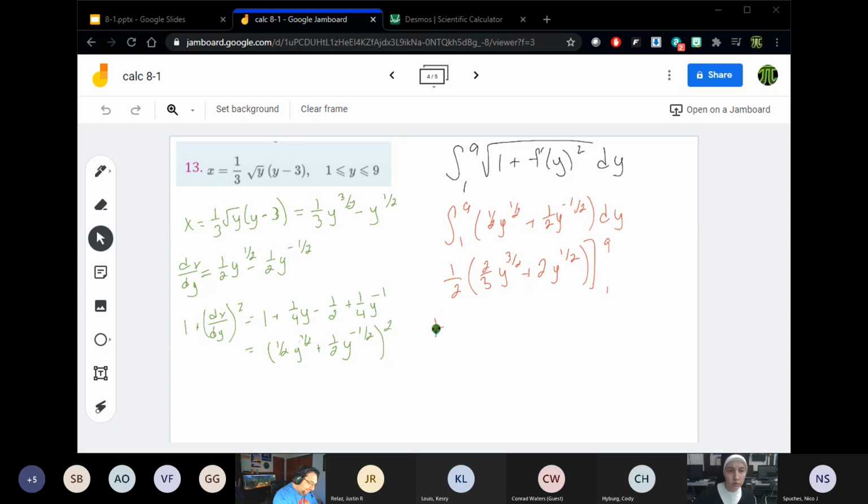So I've got 1/2, 2/3. The 9 is going to be 27 plus 6. And then it's going to be minus 2/3 plus 2.